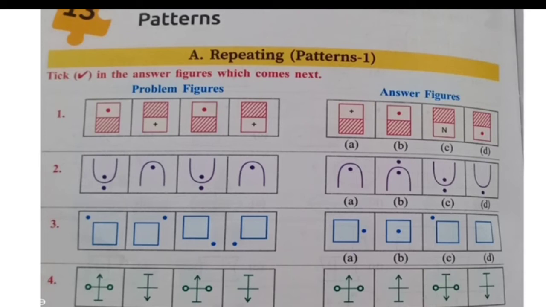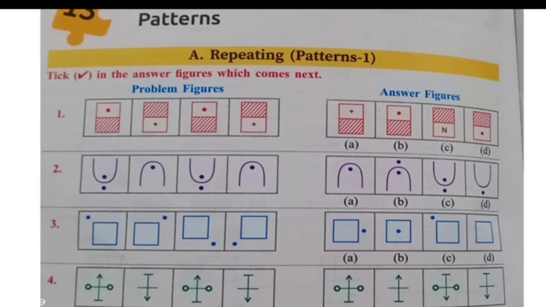Then the third square is as it is as first picture, and the fourth square is as it is as second picture. Means we have to decide the pattern: U shape two dots, U shape one dot, U shape two dots, U shape one dot. So exactly our correct figure will be C.